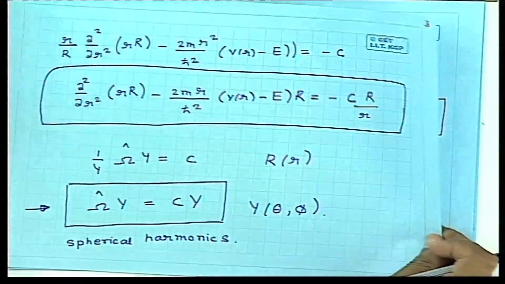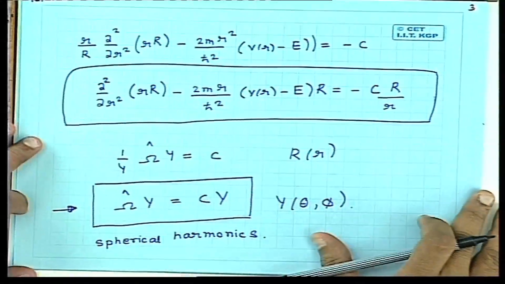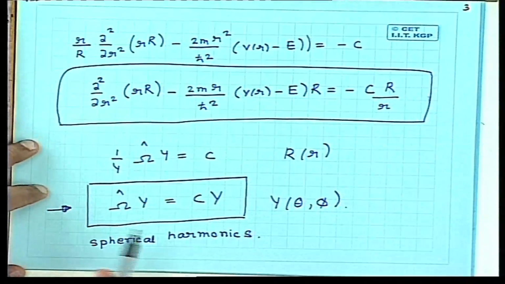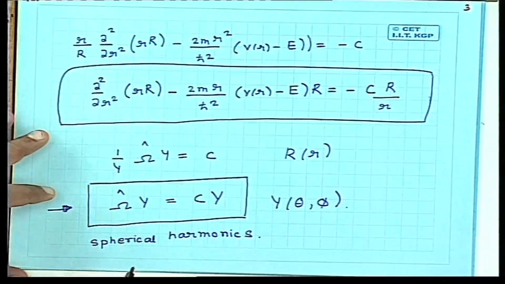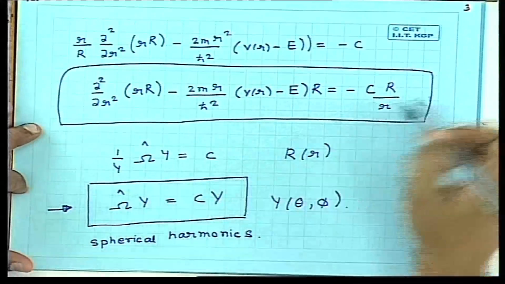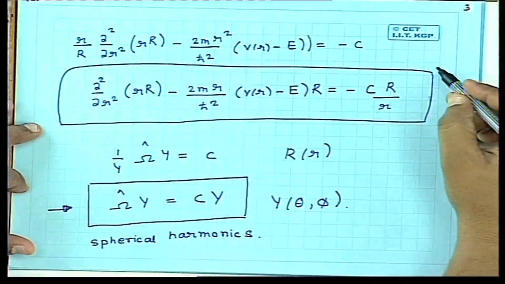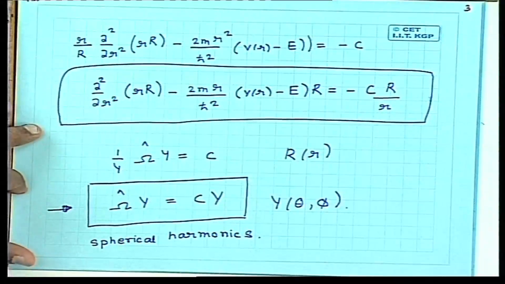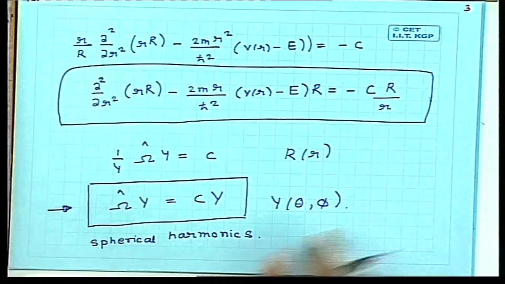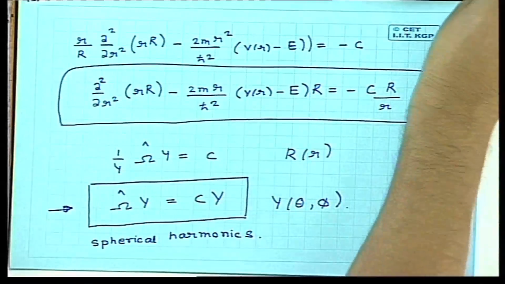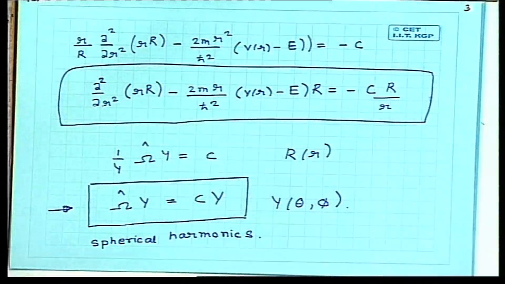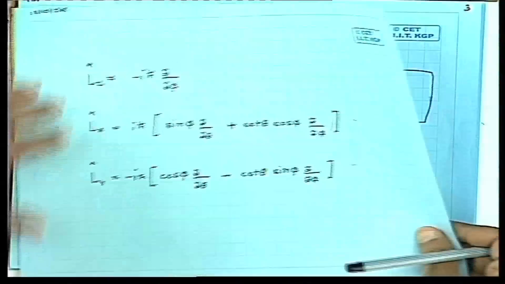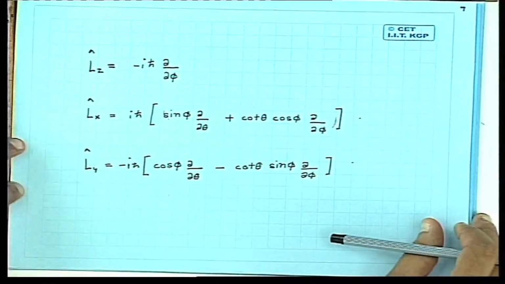So this was how we had reduced the Schrodinger equation for a particle in a spherical potential into two separate problems, a radial part and a part which depends only on the angle. The angular part had this operator omega. Now, here we have started from the angular momentum operators.